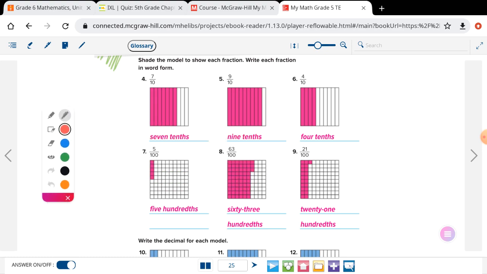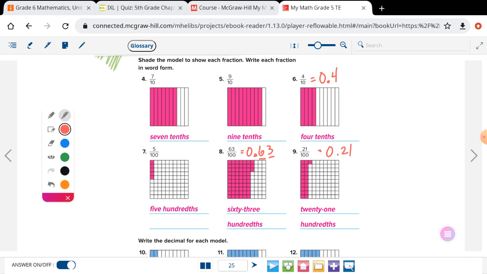Because we didn't do number 6 together, correct? Aiden, what's the decimal for number 6? 0.4. 0.4, good job. Kinley, number 8. 0.63, because it has to say 63 hundredths, so we can only have 2 decimal places. Jackson, number 9. 0.21. 0.21, good job.